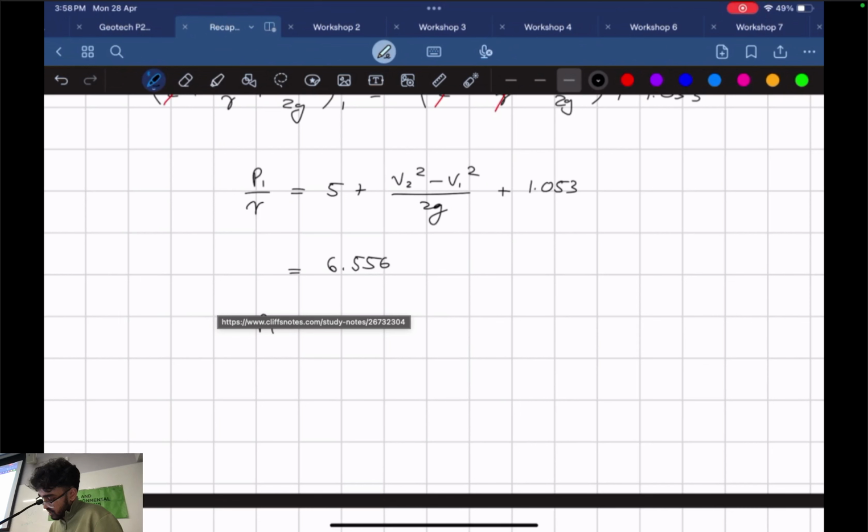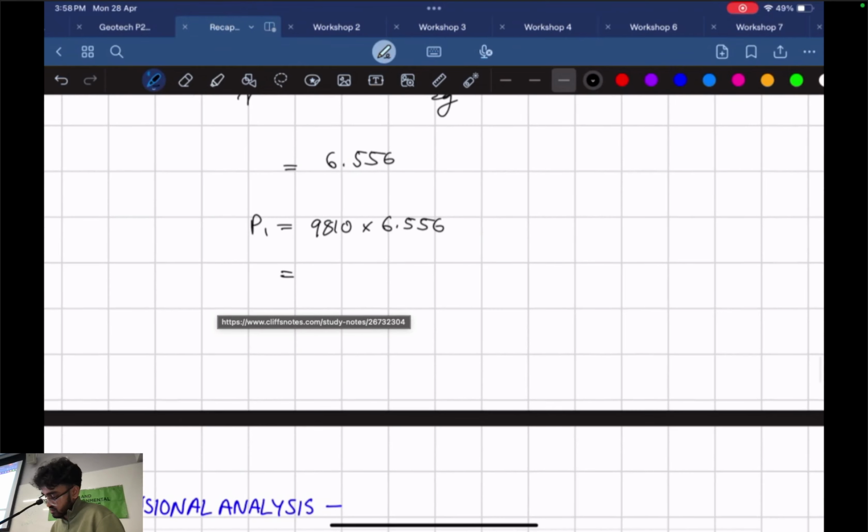P1 is equal to 9810 times 6.556, which is 32 kPa.